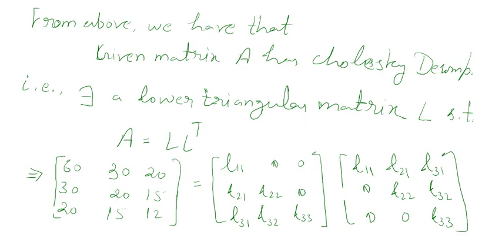Now, in the same way as we did for finding the Doolittle decomposition and Crout decomposition, you equate both sides and find out what these unknown values are.